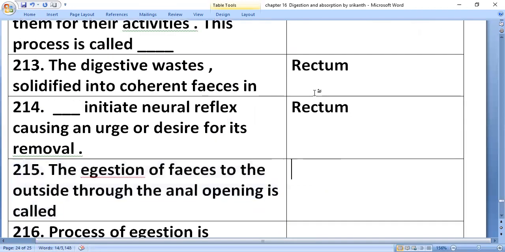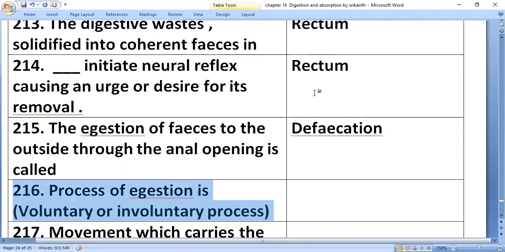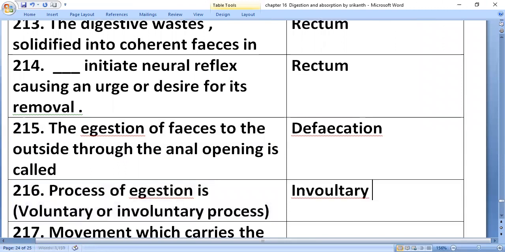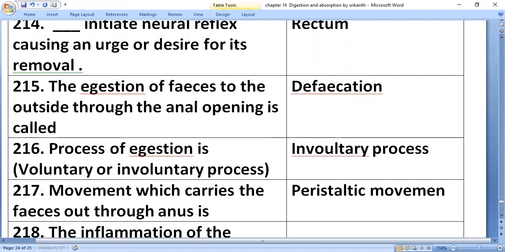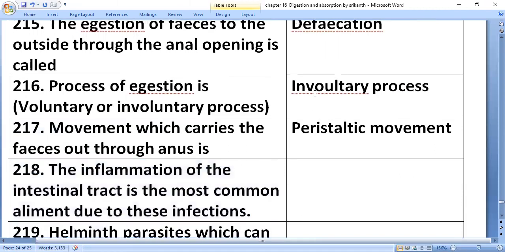Egestion of feces to the outside through the anal opening is called defecation. It is an involuntary process. The movement which carries the feces out through the anus is called peristaltic movement.